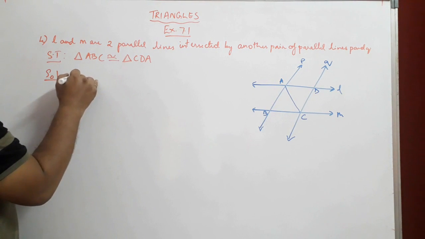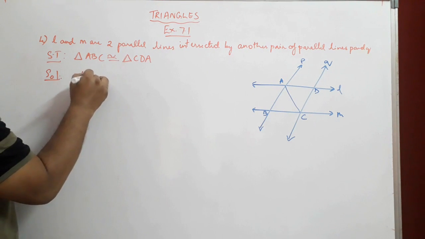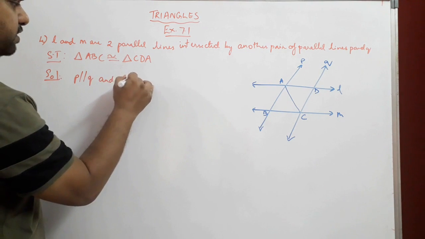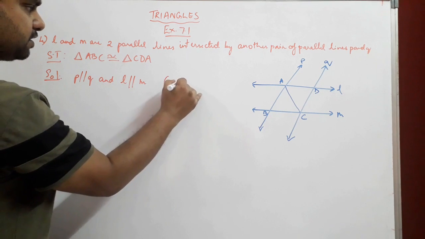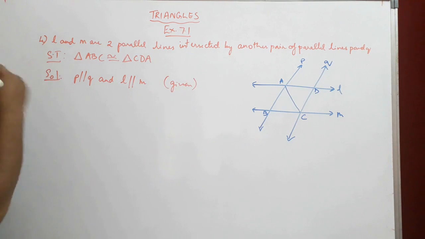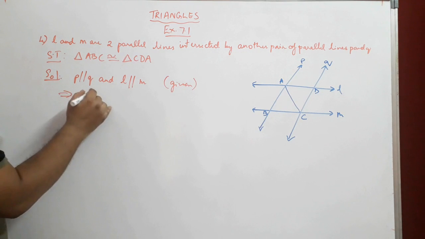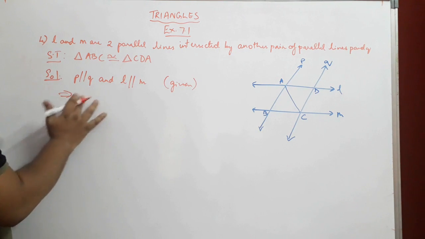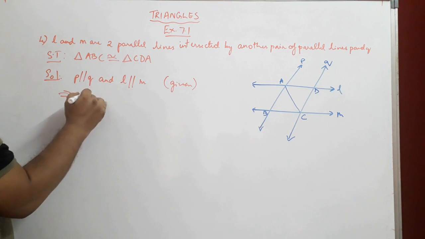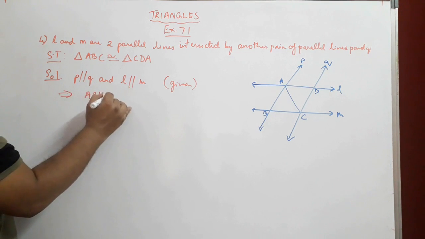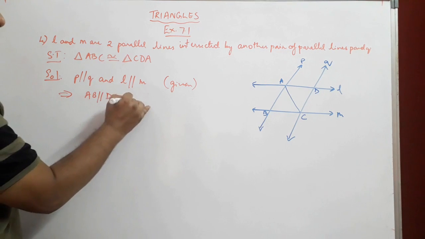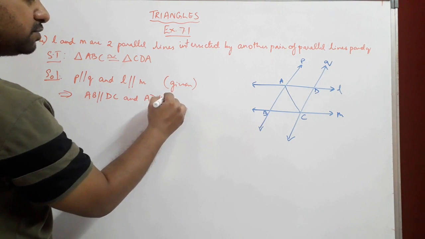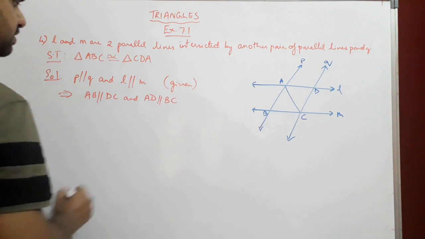We can write over here, solution: p is parallel to q and l is parallel to m, which is given. This implies that, since p is parallel to q, AB is parallel to DC and AD is parallel to BC.